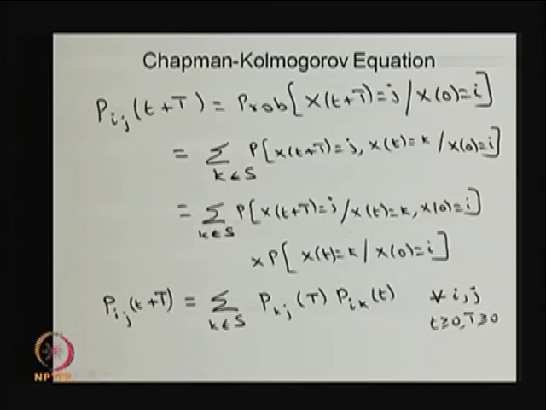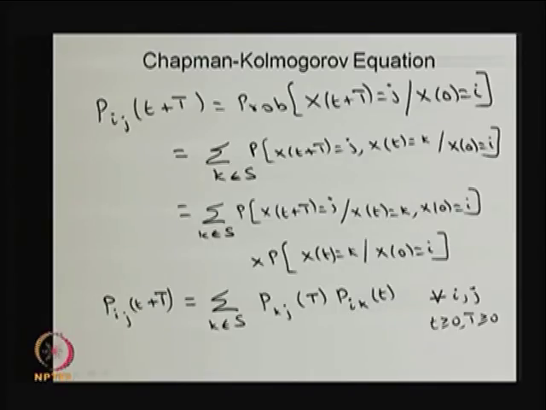Then use the time homogeneous property, therefore only the length matters, so t to t plus capital T is the same as 0 to capital T. Therefore, the system moving from the state k to j from 0 to capital T is Pkj of T. The second one is the transition probability of the system moving from state i to k during the interval 0 to t. Therefore, this is Pik of t.